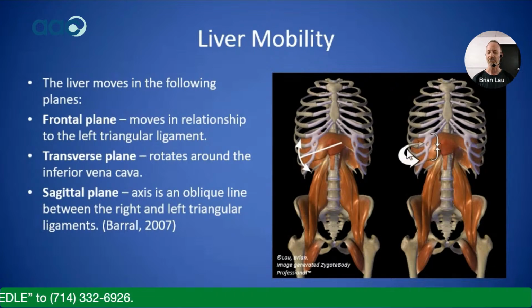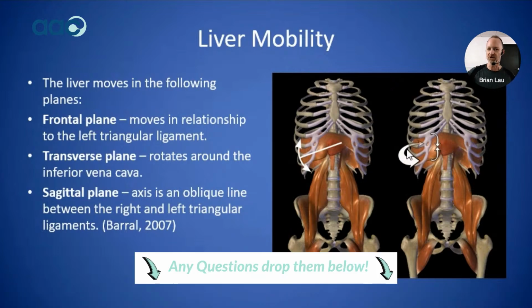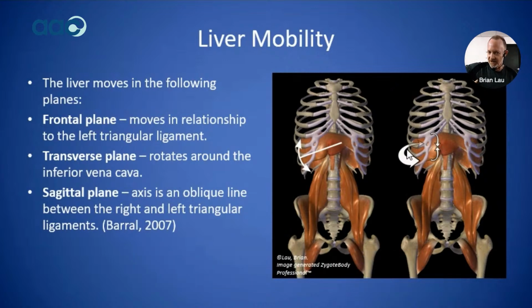But I want to highlight these rotational movements. So it moves in the sagittal plane, kind of rolls back and forth. We'll look at that when I'm standing in a bit. And then it kind of moves in the transverse plane, kind of a tucking under type motion and a tilting motion. So those are the motions we're going to be really highlighting in this rotation exercise.